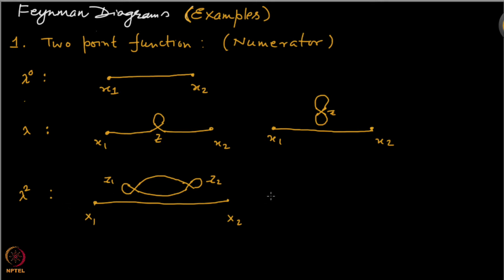There are more, some of them I will draw, so you can easily convince yourself that this is another possibility. You have one vertex here, one vertex here. So there are 1, 2, 3, 4 lines coming out of this vertex, and same here 1, 2, 3, 4. So this is another order lambda squared diagram. Maybe one more I will draw.